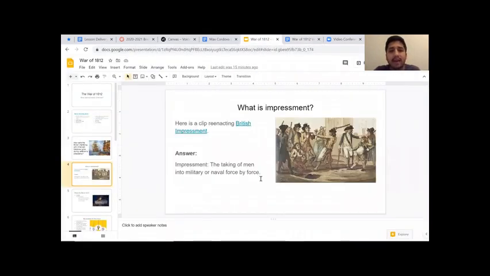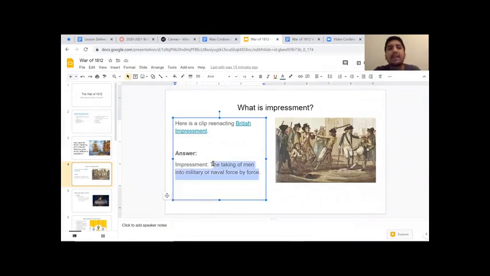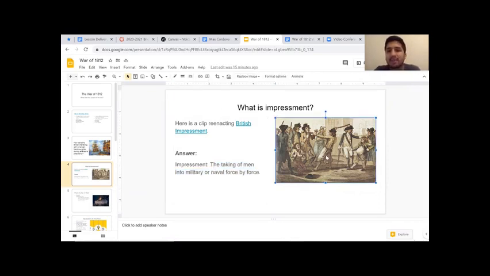So when we look back, impressment is the taking of men into a military or naval force by force. And here we have another image that shows students another way, not just visual and audio, but a visual aid that helps them understand what impressment is. I thought that was a good way to segue into this.